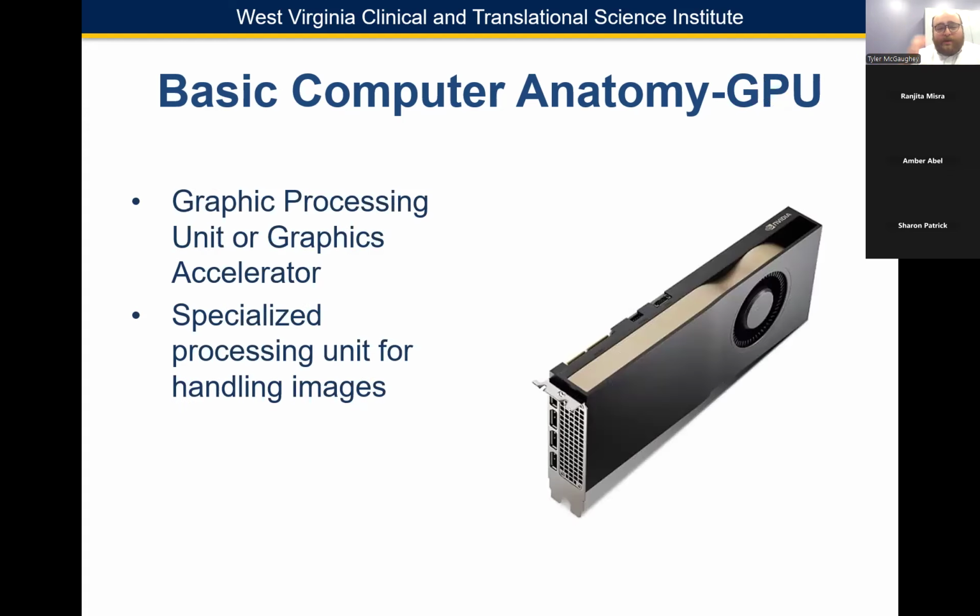The last thing I want to talk about are good old GPUs. These are graphic processing units, or once we get into higher speed computing, we call them graphics accelerators. These are specially designed boards that go into the main boards that only focus around images.